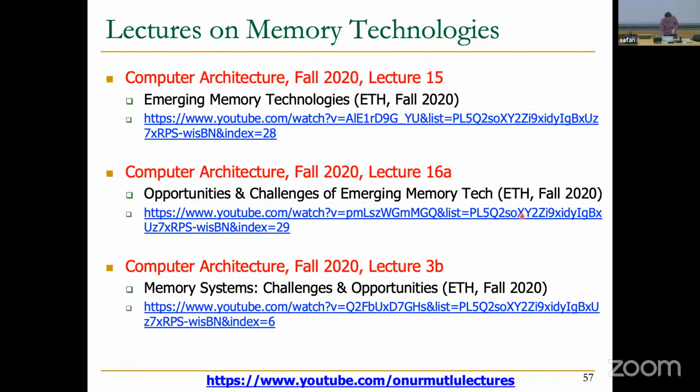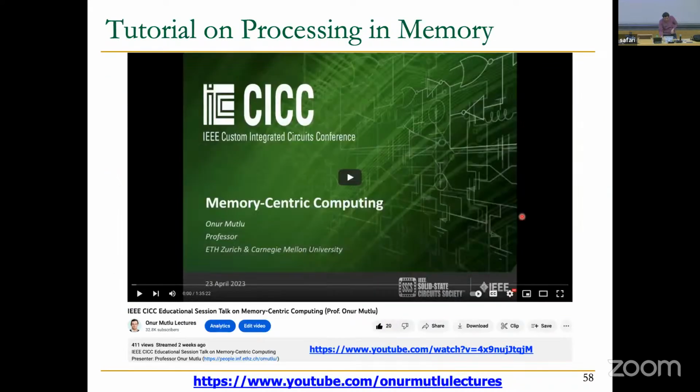And here are some other pointers if you're interested in these topics. We talked about memory a lot, and one reason why memory is very important today is because you need to move data from your memory chip to your compute chip. We talked in the last lecture about specialized data generators and general purpose data analyzers.